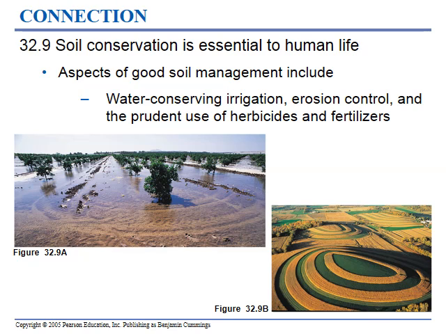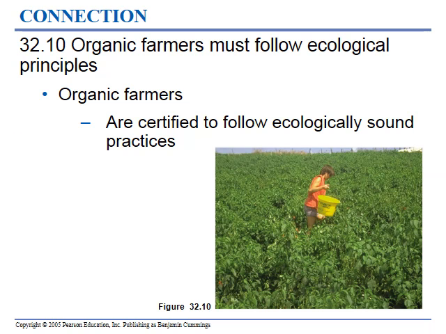And then prudent use of herbicides and fertilizers. Organic farmers are bound by certain things they do, and they have to follow certain ecological principles. And to be able to label the food as organic, they have to be certified that they follow those principles.